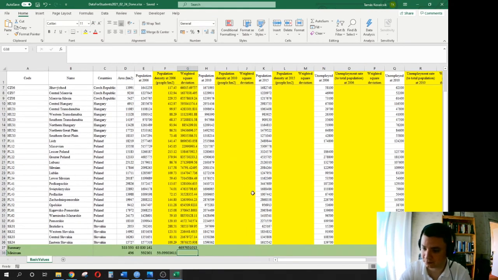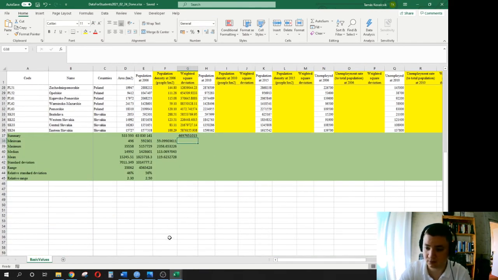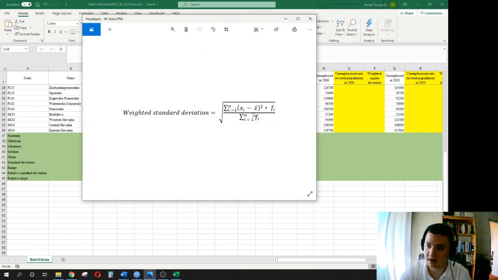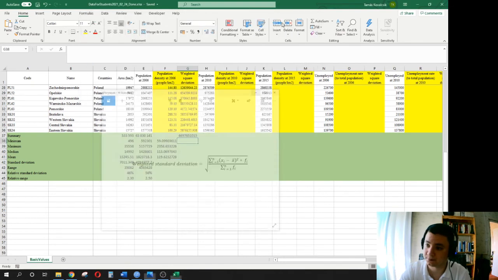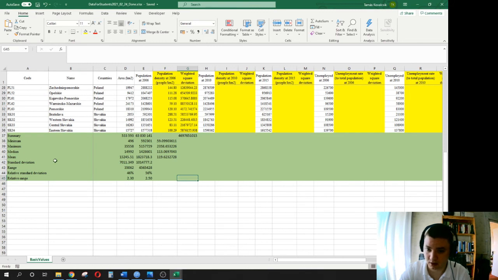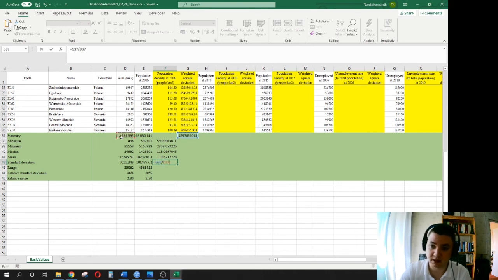Okay, and then we have to divide it by the summary of the weight, and we have to take the square root.